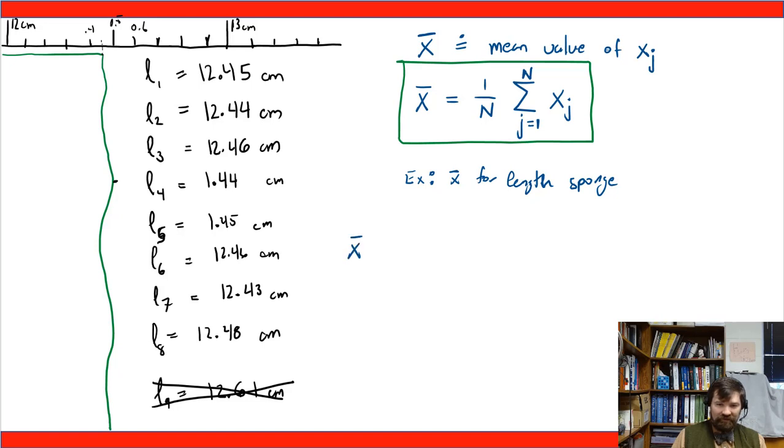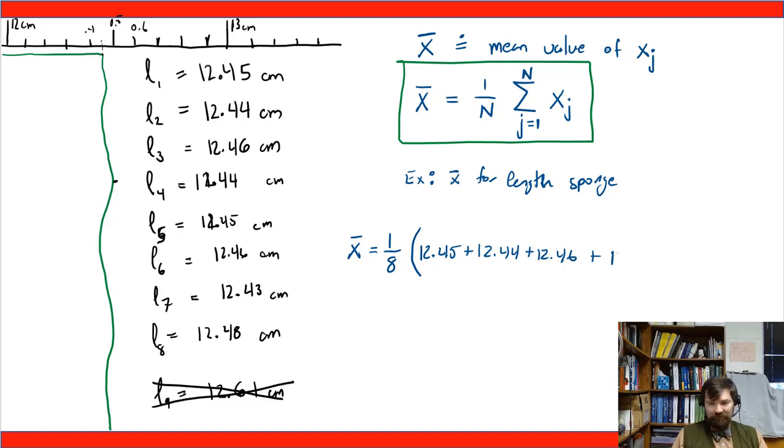And the way we would do that is, again, 1 over n. Well, there are n valid measurements. There are 8 valid measurements. And then I have to add up, it says add up all the individual measurements. So 12.45, 12.44, 12.46. This is 12.4, not 1.44.